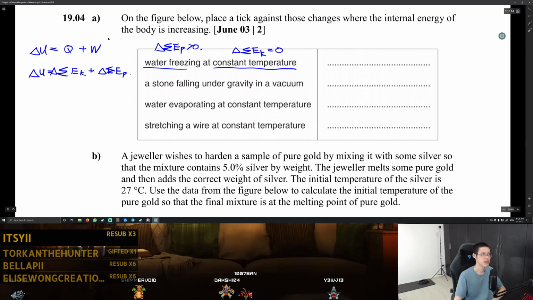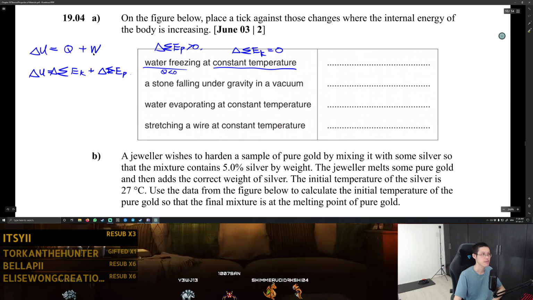What if we use this one instead? What if we use our first law of thermodynamics? Can we arrive at the same conclusion? Well, let's see. If water is freezing, that means Q is going to be negative, because heat is being taken away from the substance. And W is going to be P delta V, but the thing is we don't know if the pressure is constant.